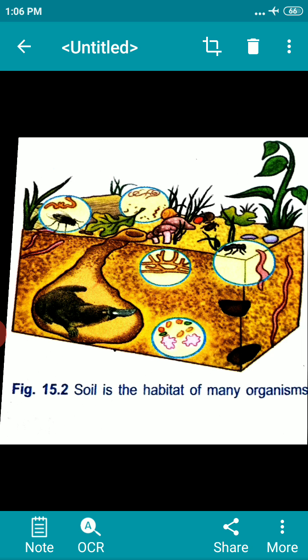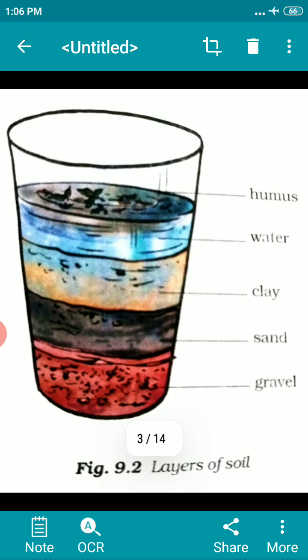So now we are going to study about what are the components of soil. For that, we do an experiment, otherwise an activity. Take some soil, observe each of the soil sample carefully.